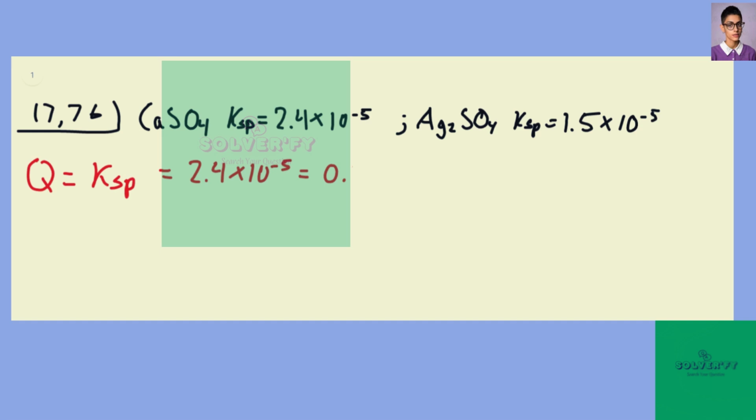This is another complicating factor because the concentrations of the initial cations are not the same. So from this, we get a concentration of SO4 2- as being equal to 1.2 times 10 to the minus 4.